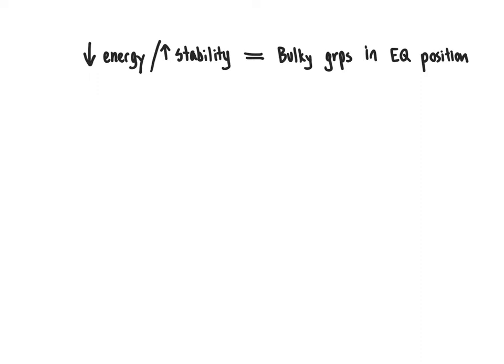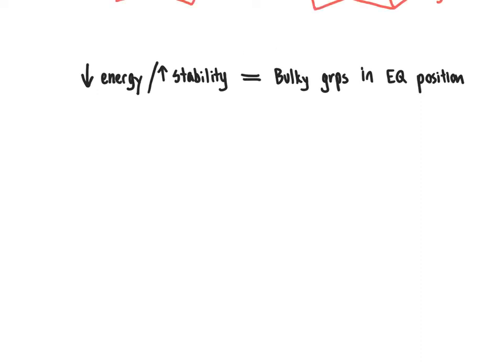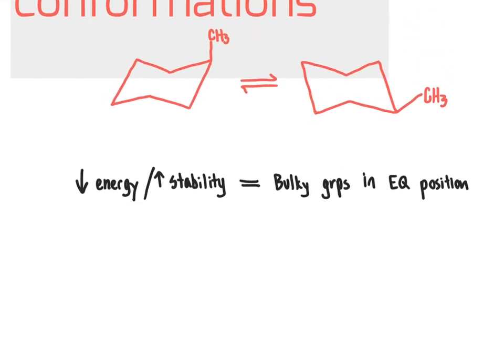So if we look back at the energy of these two conformers of 1-methylcyclohexane, and we're trying to predict which of those two would be the preferred conformation, we notice that in the structure on the left, the bulkiest group in the molecule is the CH3 group, the methyl group, and it is axial. On the right, it became equatorial because that's what happens when you do a ring flip.